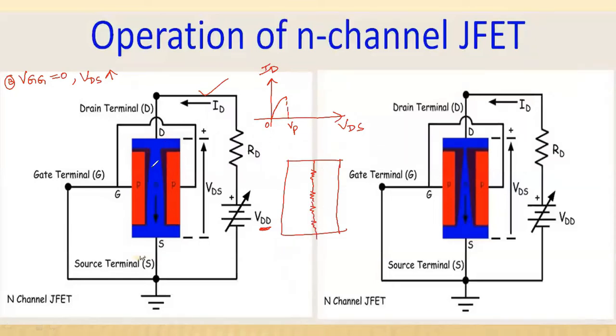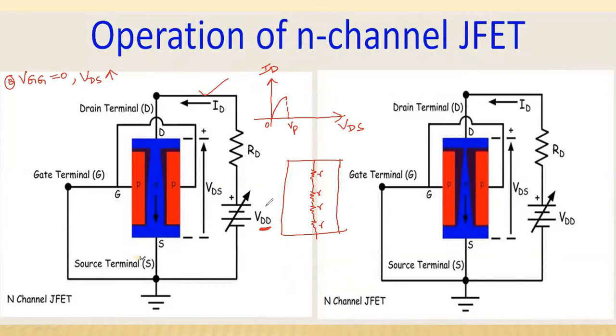The channel is uniform in doping, so the resistance will be uniform in the channel. Let us assume all are equal, because it is uniformly doped, so the resistance is uniformly distributed throughout the channel.